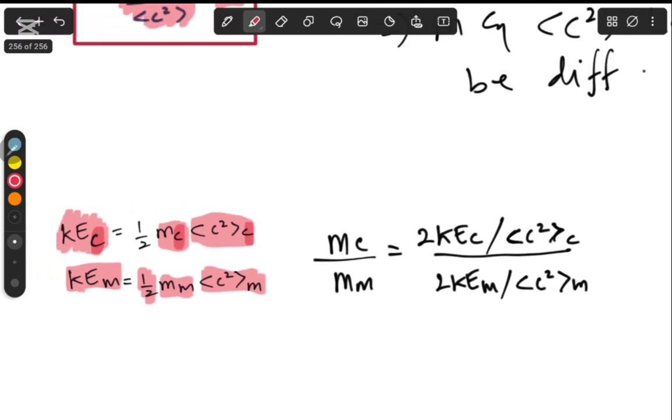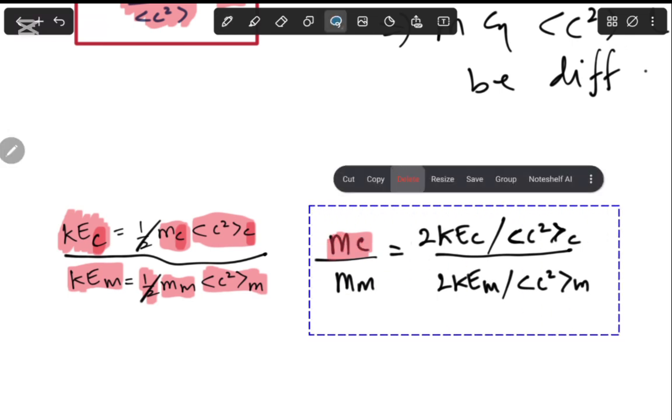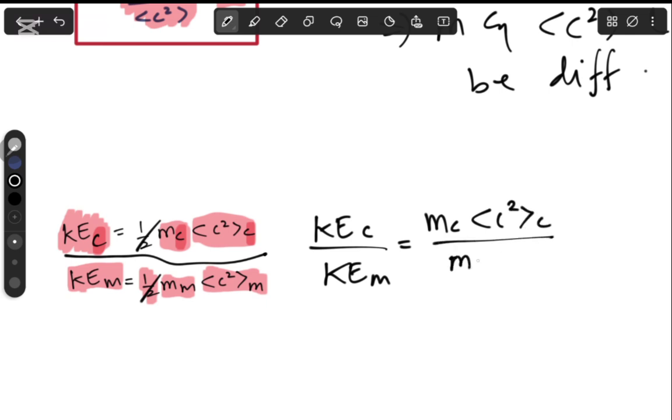Then what I can do is I can say that I can divide both the equations. Okay. And if I divide both the equations, my 2 will cancel out, half will cancel out. Let me actually, because I've done this a little differently, I'll do it like this, okay? We will divide both the equations. So once we divide both the equations, we'll get KE_C divided by KE_M is equal to m_C and then m_C square m_M, okay?